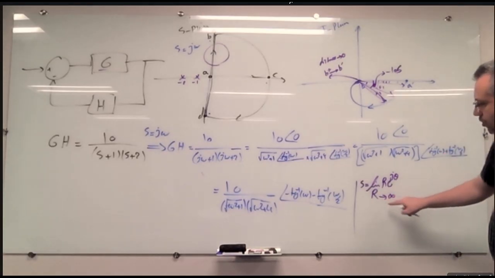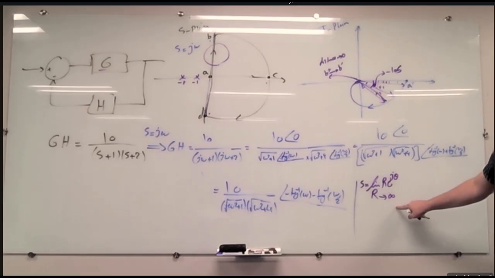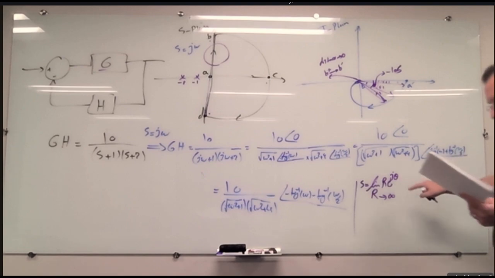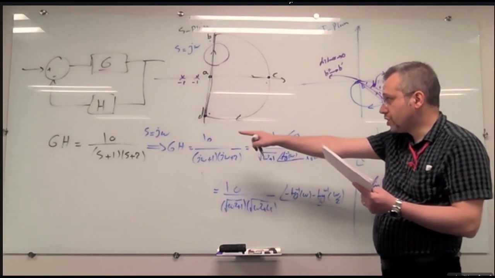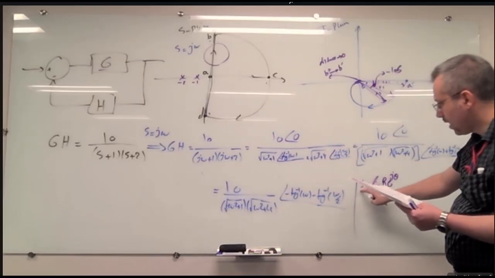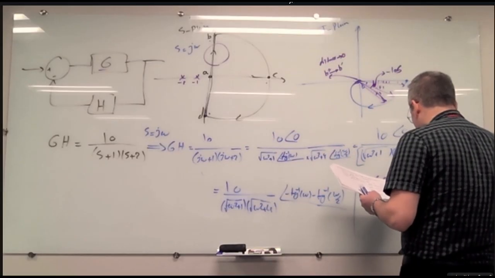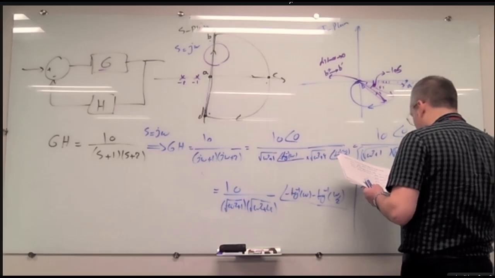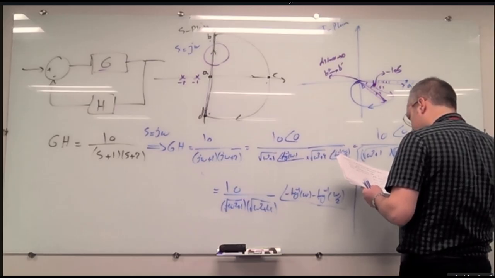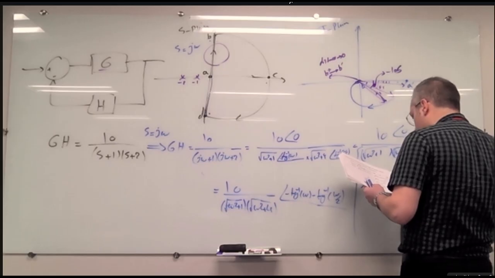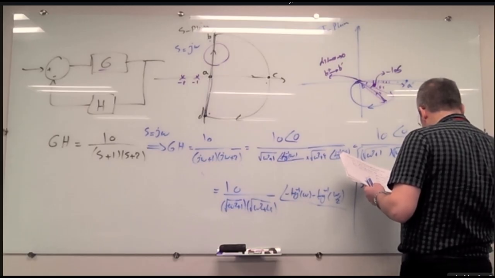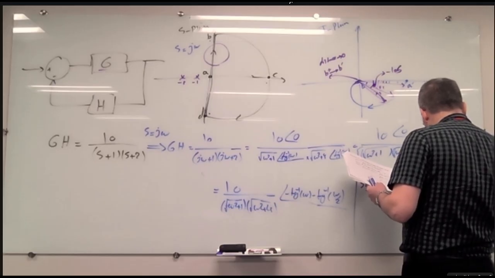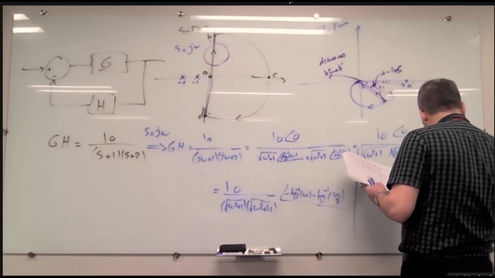If R goes to infinity, the JH of that S is going to become the limit of 10 over R e to the power of j theta plus 1 times R e to the power of j theta plus 2.